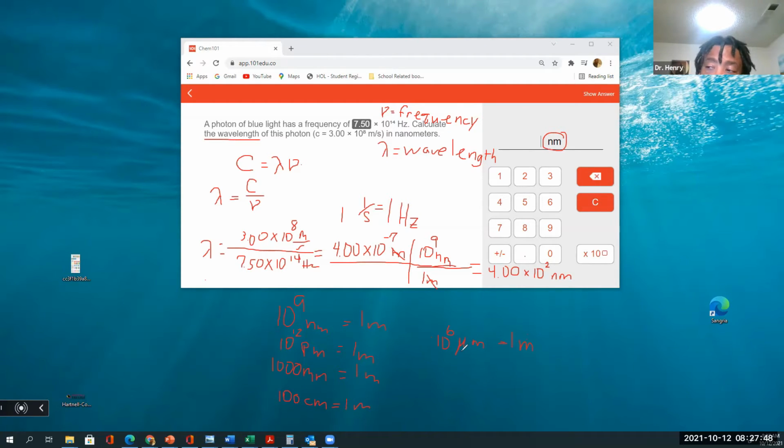Another way that you'll see micro written is MC. You guys will see like MCG. Have you ever seen that on a bottle? Yeah. Okay, so that's the other abbreviation for micro. And so if I said I have 10 to the 6th MCG, that will be equal to 1 gram.